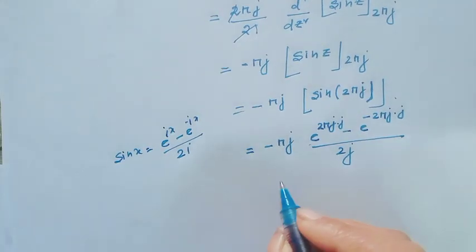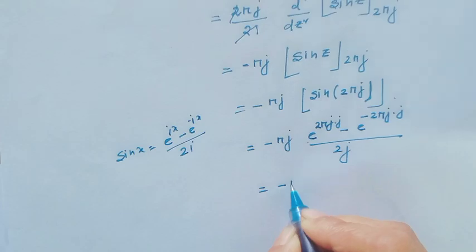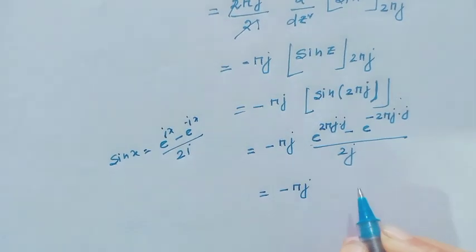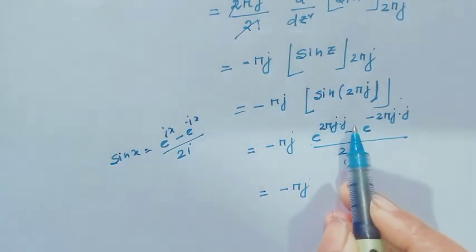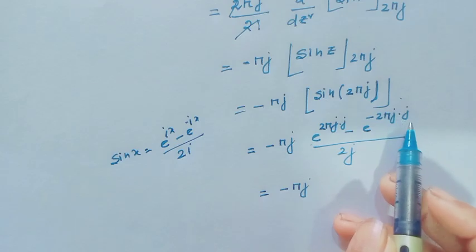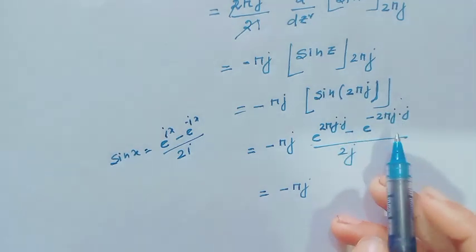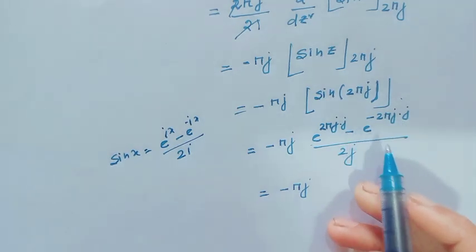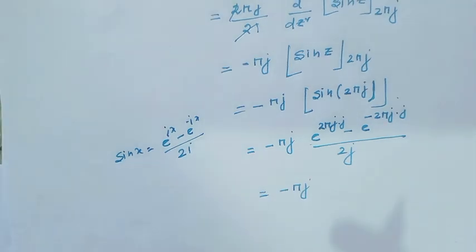Okay, that means this value is minus pi j times j square, and j square means minus 1.